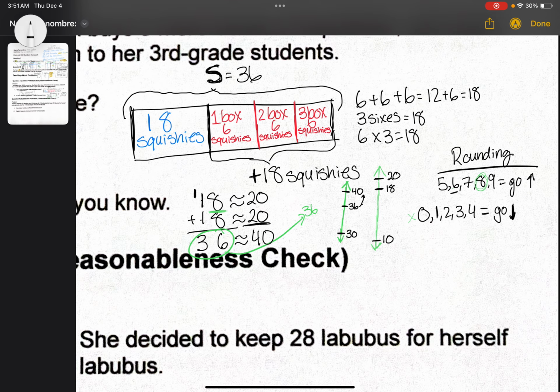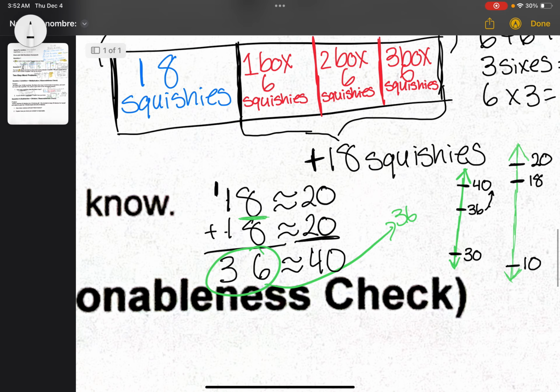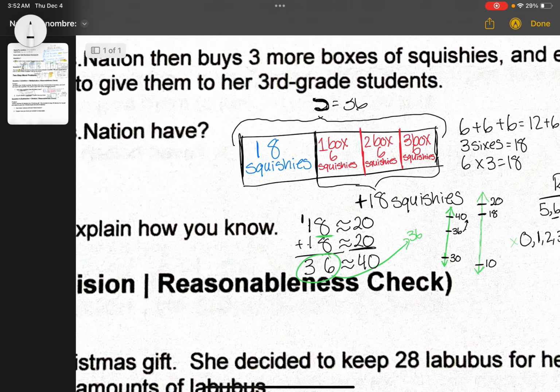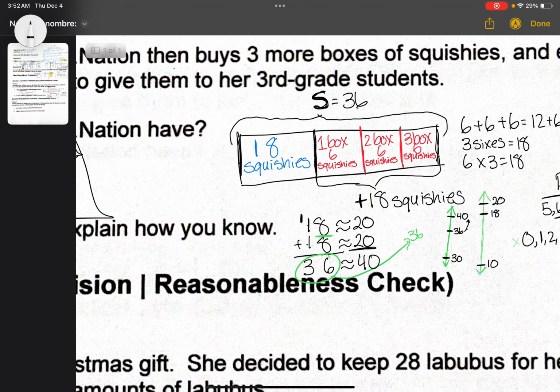Now, to make sure it's reasonable, we have to add up our rounded answer, which is 20 plus 20. And if we get a number that is close or exact to our rounded answer of 36, then yes, it is reasonable.